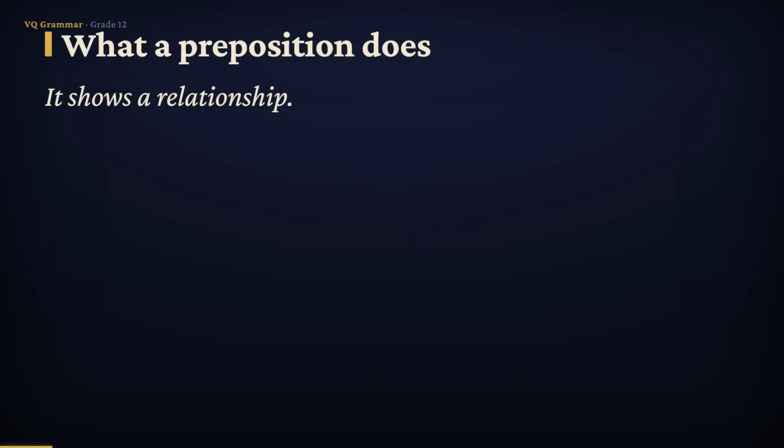So, what exactly is a preposition? A preposition is a word that shows the relationship of a noun or a pronoun to some other word in the sentence. Let's watch one work. The diplomat waited beside the ambassador. The diplomat is the one doing the waiting. Waited is the action itself. Then comes beside.